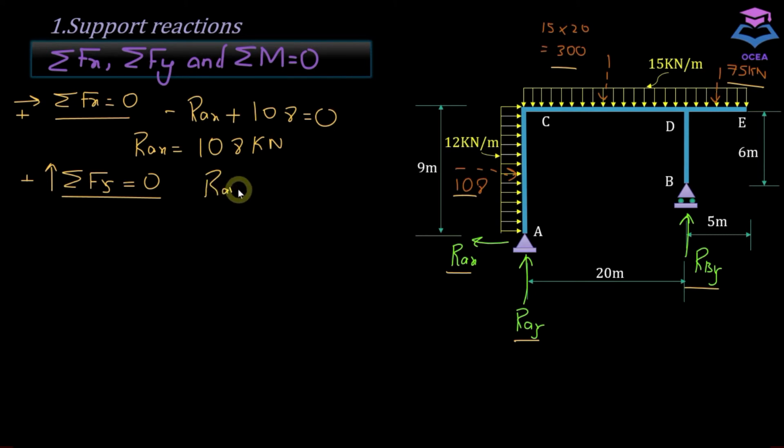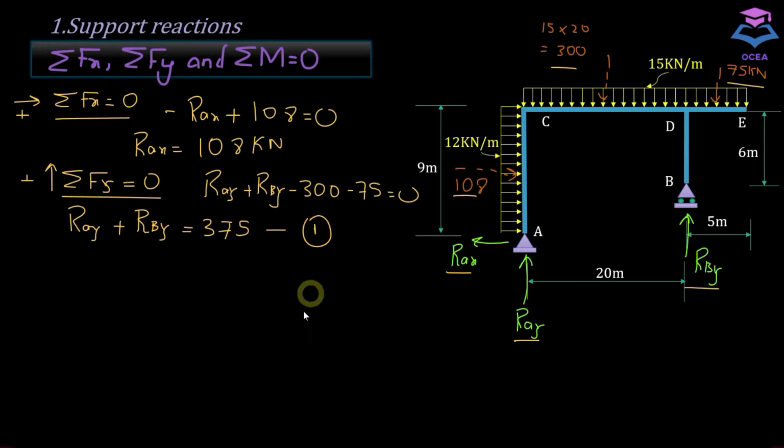RAY is going to be positive, plus RBY, and these two forces, 75 and 300, are going to be negative. If I simplify this, I'm going to get RAY plus RBY is equal to 375. And let's name this equation as equation number 1.